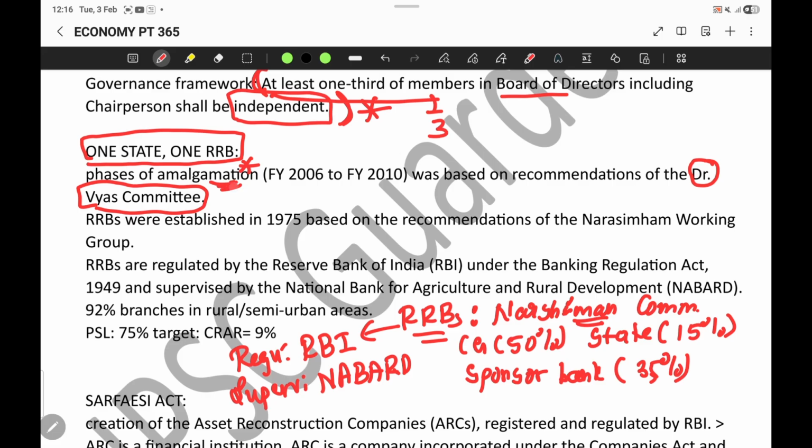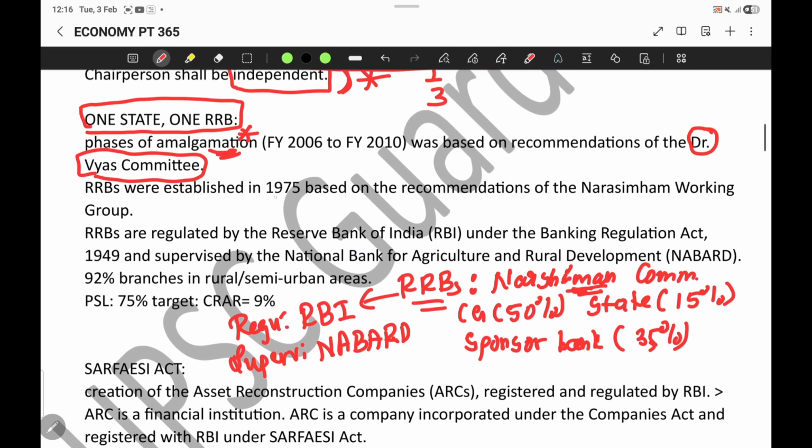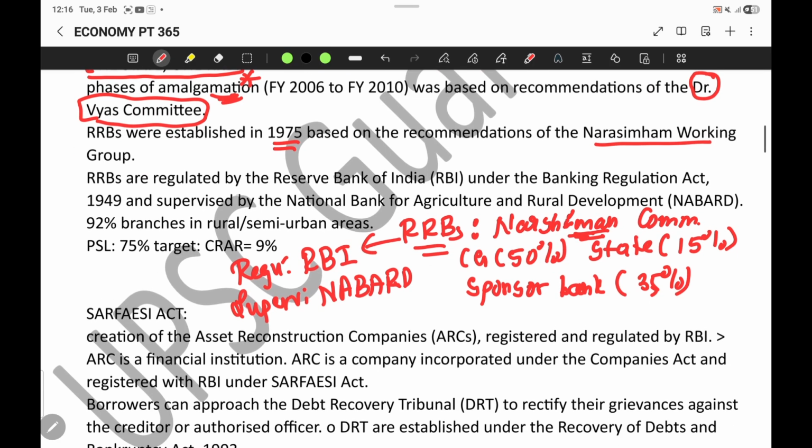RRBs were established in 1975 based on the recommendation of the Narasimhan Working Group. They are regulated by the Reserve Bank of India under the Banking Regulation Act, and supervised by NABARD. Okay, points are given here.